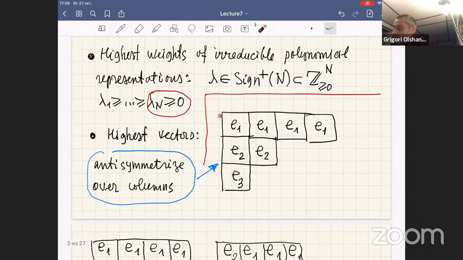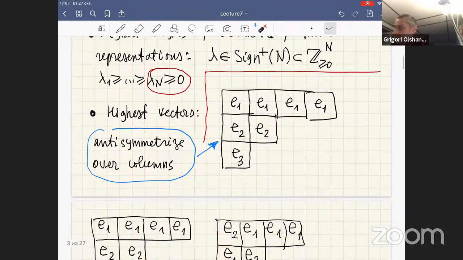Take the Young diagram which corresponds to lambda, and fill it with the basis vectors as shown here. We take the tensor product of all these vectors, we get some tensor monomial, and then we antisymmetrize this tensor monomial over the columns. So this is an example.